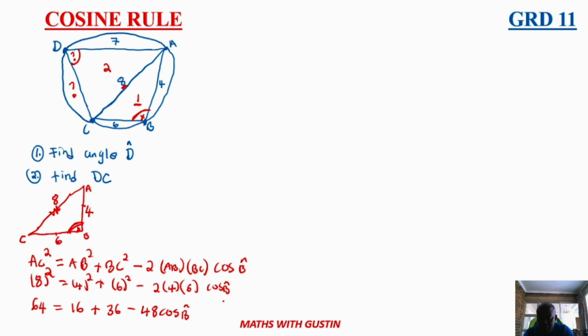Now if we simplify this further, take 16 to that side and take 36 to that side, so it's going to be 64 minus 36 minus 16 is equal to negative 48 cos B. If you simplify this, we get 12 equals negative 48 cos B. Now I'm just simplifying, guys, this is algebra.